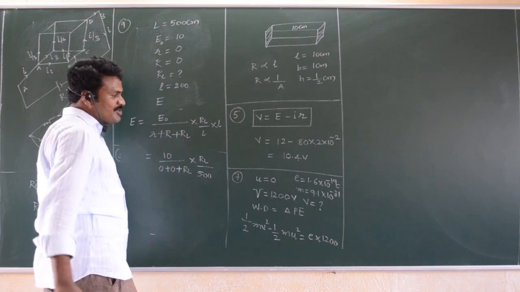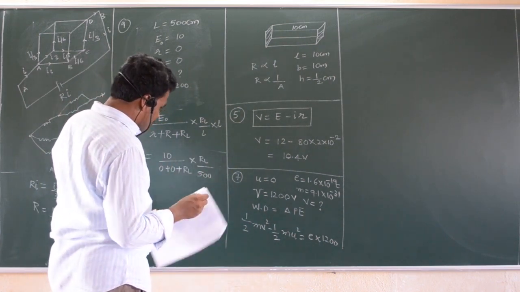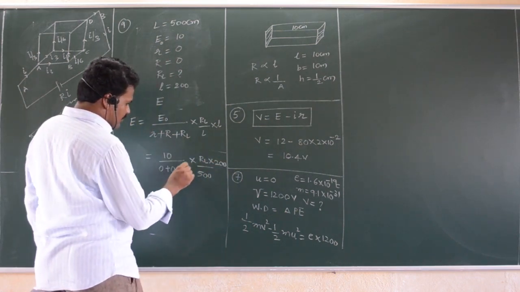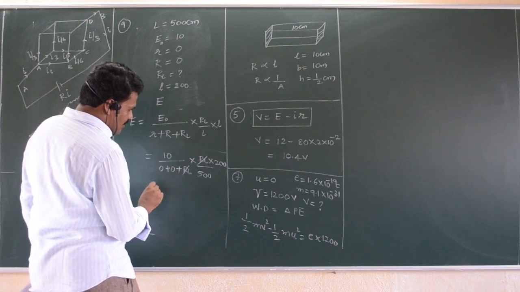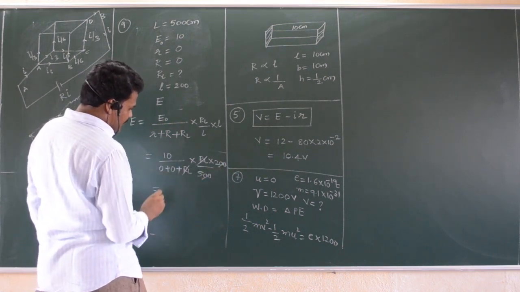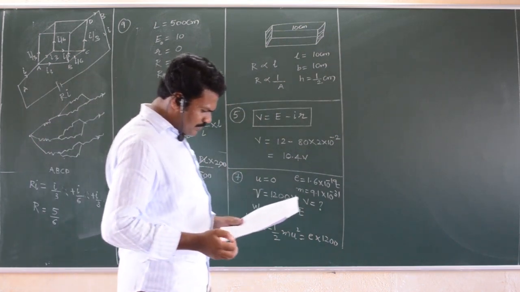Why am I taking centimeters? Because the balancing length is also given in centimeters, so both will get cancelled, into 200 centimeters. The balancing length is 200 centimeters. Now this RL and RL will get cancelled. The answer is 20 by 5, which is 4 volts.